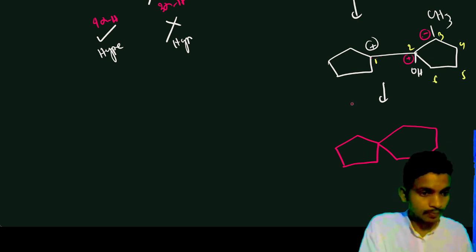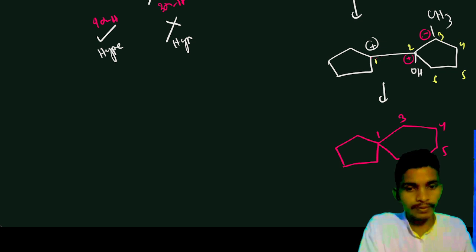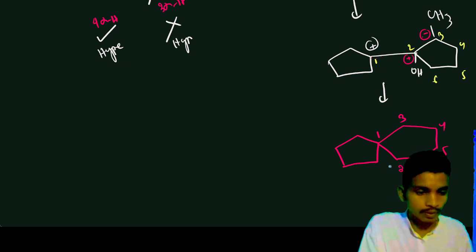Okay, so this is 1, and this is 3, and this is 4, this is 5, and this is 6, and this is 2, and 2 will get the positive charge, and this will get the positive charge.